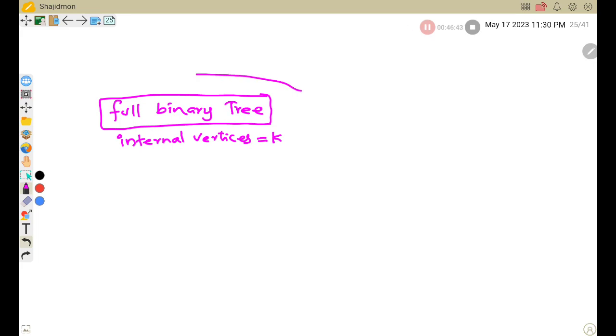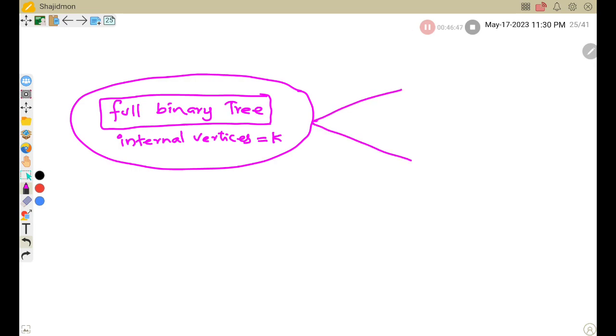So if a full binary tree has k internal vertices, then how many vertices totally? Total number of vertices equals 2k plus 1. 2 multiplied by k plus 1. How many terminal vertices will be there? Terminal vertices in that tree should be k plus 1 in a full binary tree.